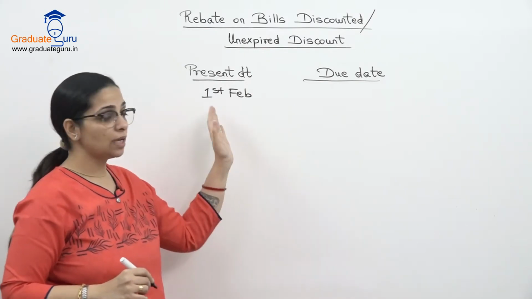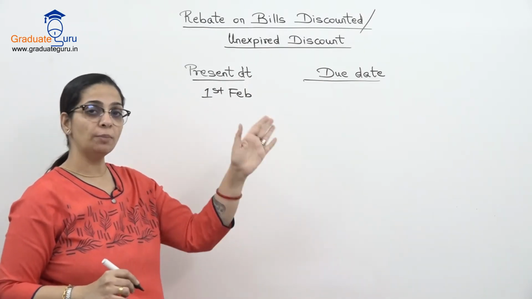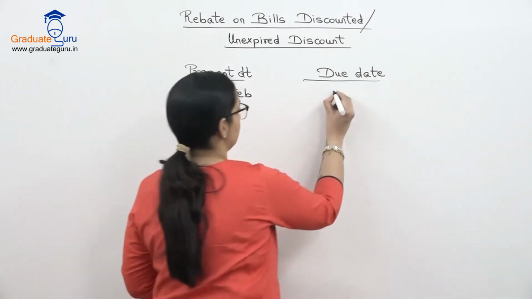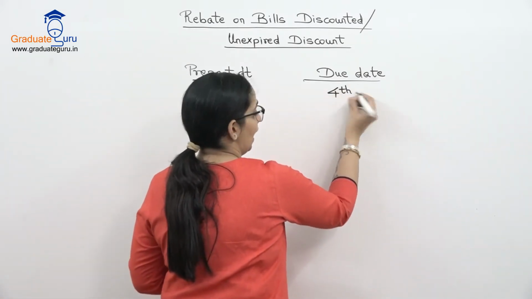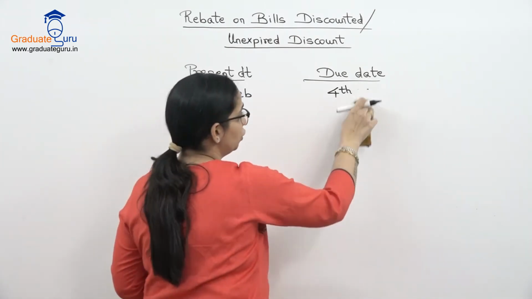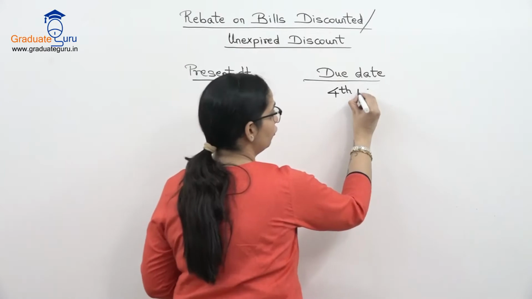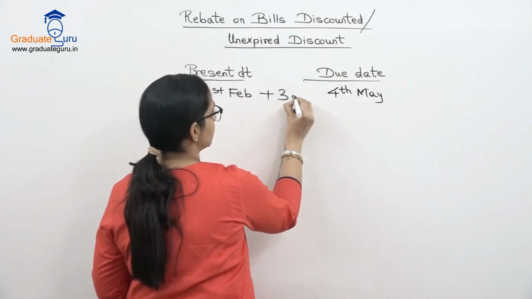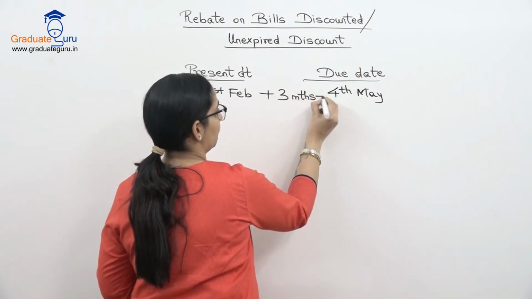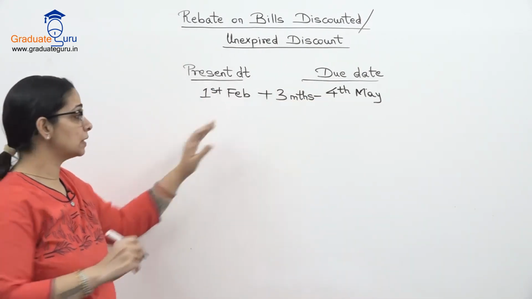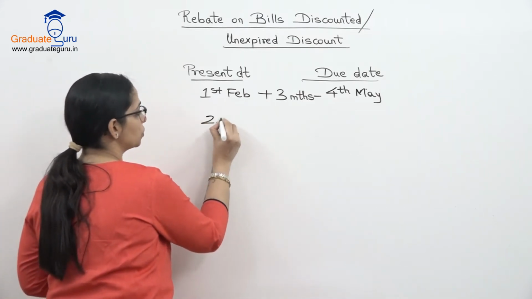So 1st Feb, say if I take 3 months, March, April, May, 1st May, and you add 3 days to 1st May. So as per our legal law, our due date becomes 4th of May. Okay, so that is plus 3 months.